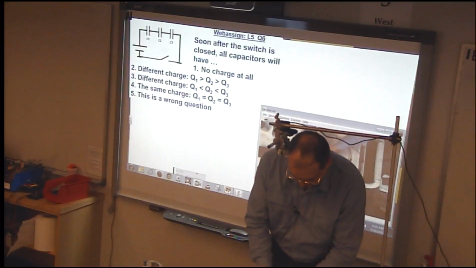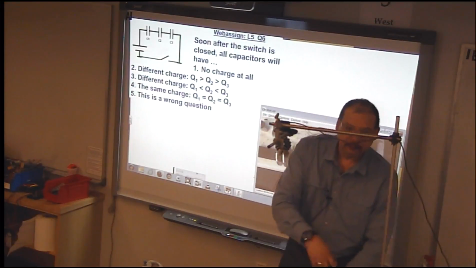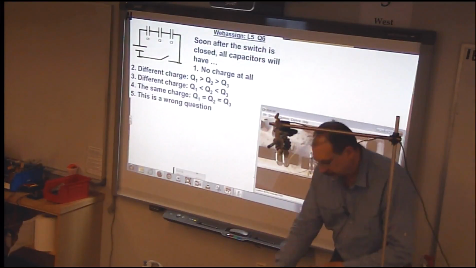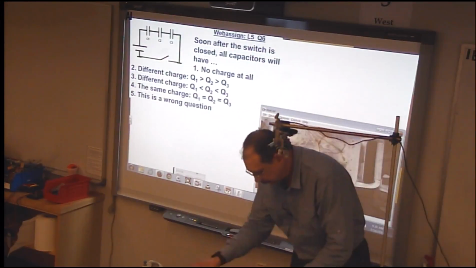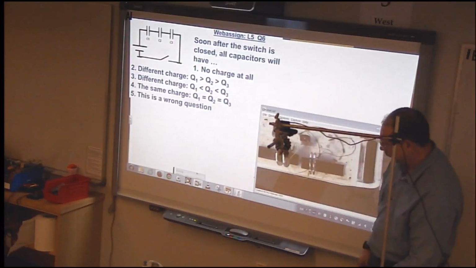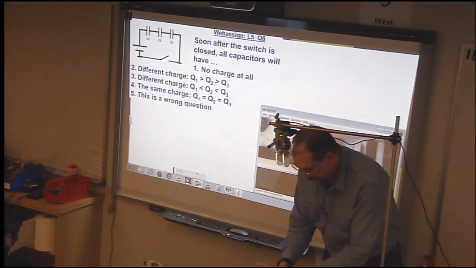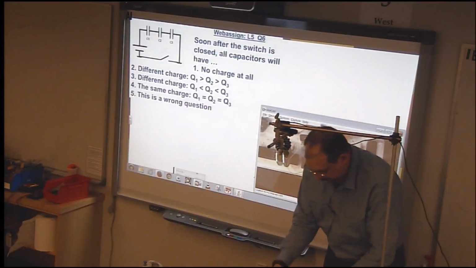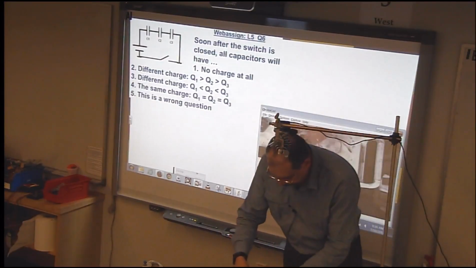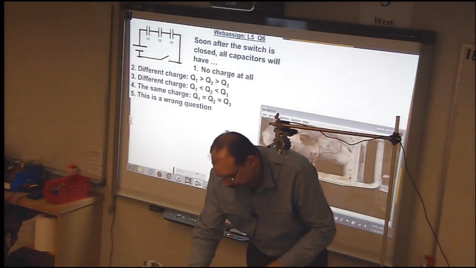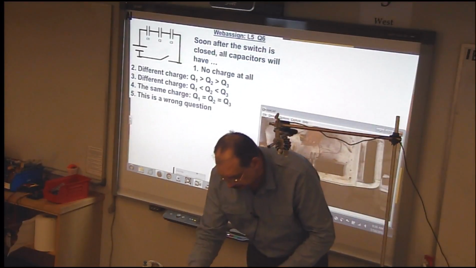And then, well, I could add more capacitors. And then I need the source of fixed potential difference. And I connect the second capacitor.